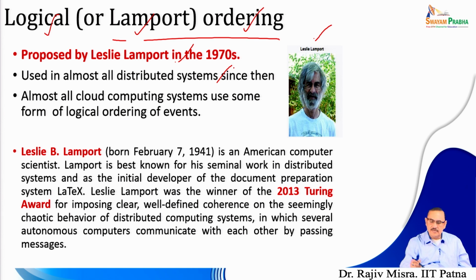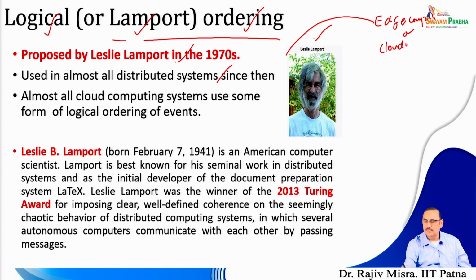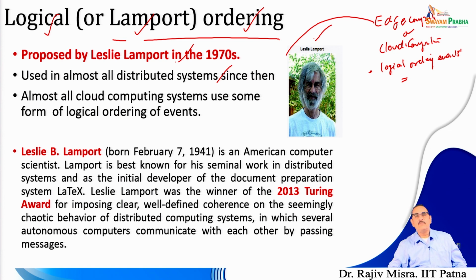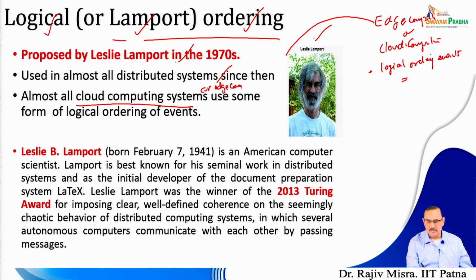Whether we design an edge computing system or a cloud computing system, all of them require this logical ordering of events, and this is one of the most fundamental concepts in building cloud computing and edge computing systems. So, all of them, that is cloud and edge, will use some form of logical ordering of the events.